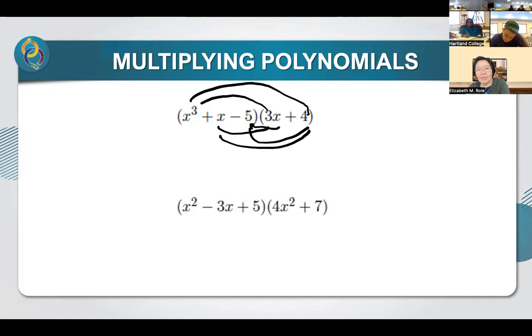So you really don't need to do the very detailed thing that I have shown a while ago. You can just multiply one by one each one. Okay, can we just do this together? So what will that be?